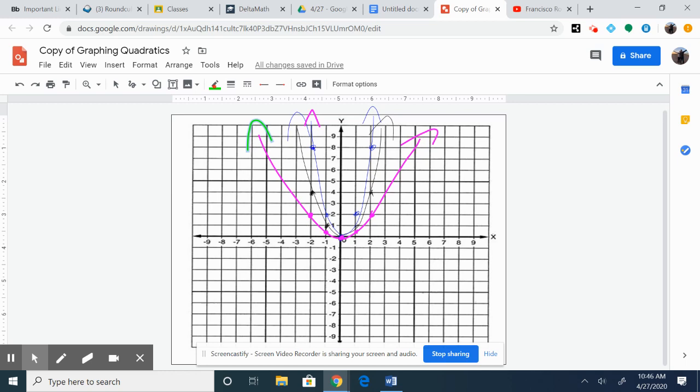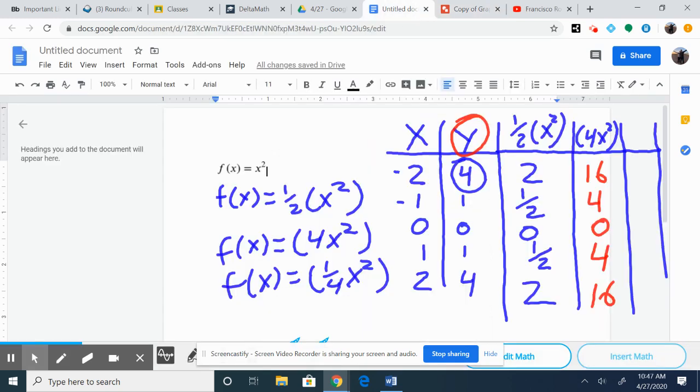But let's say we're going to do -1 and 4 is right here. And then 0 and 0. 1 and 4, and then 2 and 16 is out of the screen. But that's good enough. You can see it got skinnier than the other graphs. So again, that's all we're really doing.